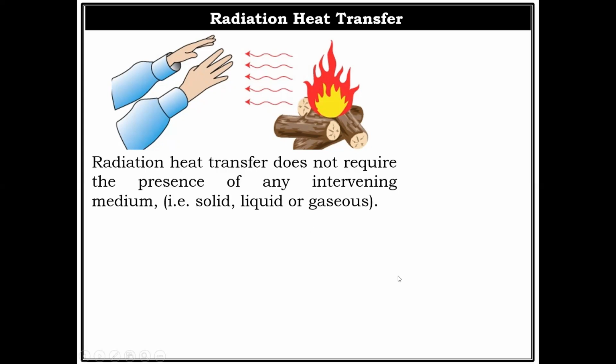Radiation heat transfer does not require the presence of any intervening medium, whether solid, liquid, or gaseous. The heat that travels from the sun to the earth is by radiation, because between the sun and the earth's atmosphere there is no medium. Even though, heat is transferred, and that is because of radiation.